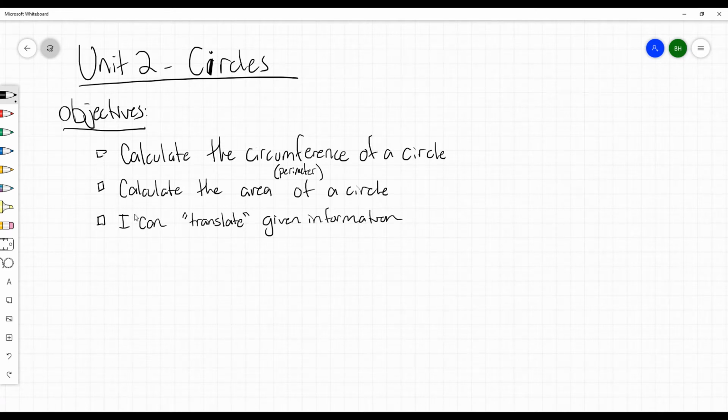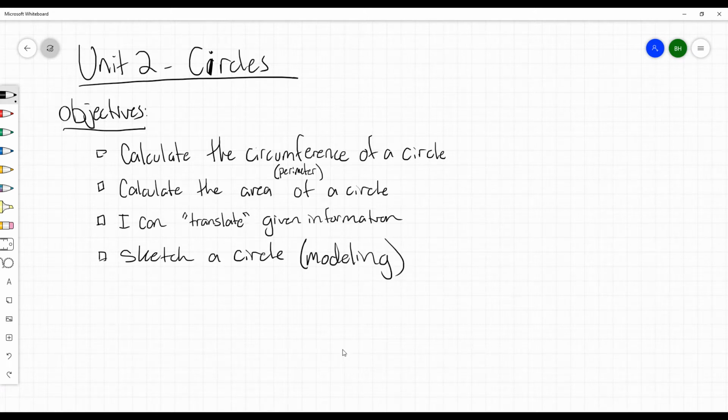Now, luckily for this, one objective that we're not going to have is graphing or modeling a circle necessarily on a coordinate plane, but instead it's going to be I can sketch a circle. And we'll talk more about that in just a little bit. When it comes to graphing or modeling, I'm going to write that in parentheses here.